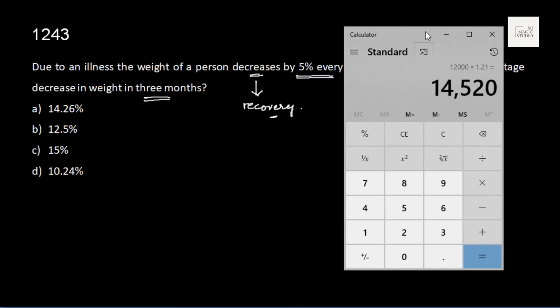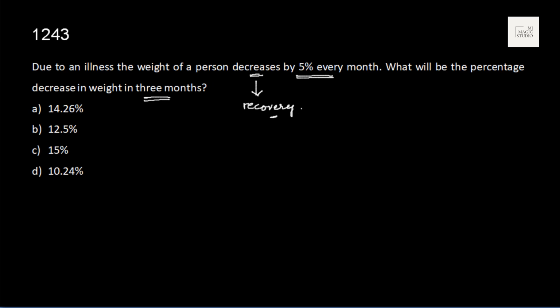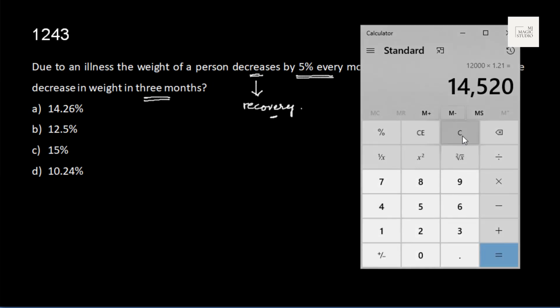How can we use it? Let's see. Every month it is reducing by 5%. That means recovery is 95%. So 100 into 0.95 for the first month, into 0.95 for the second month, into 0.95 for the third month.